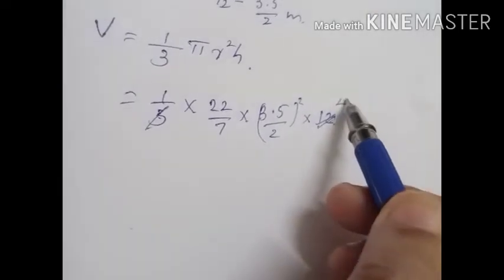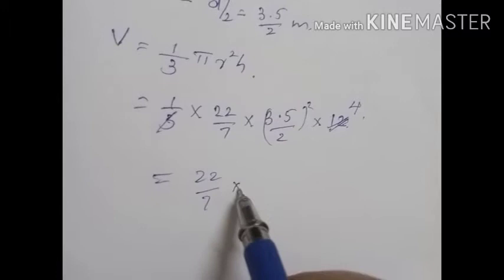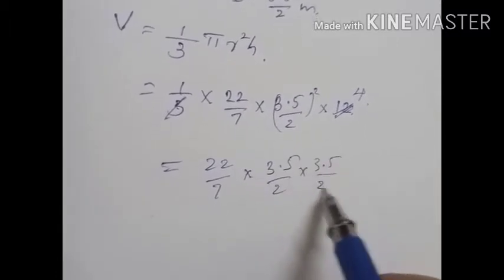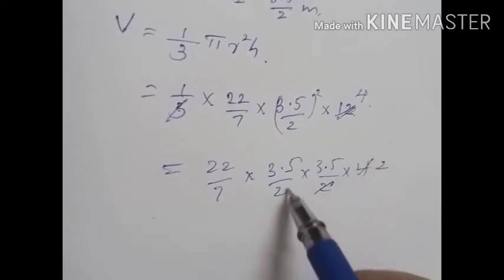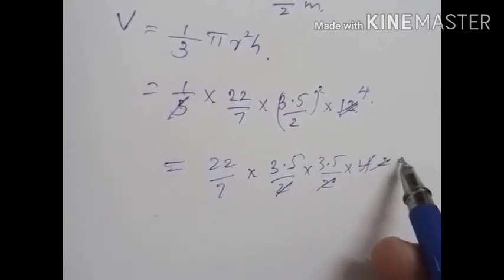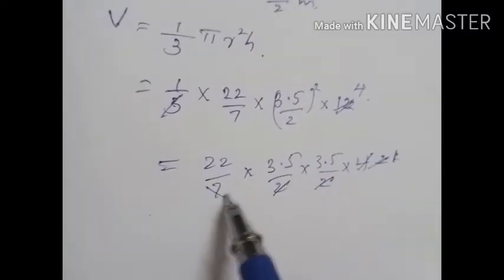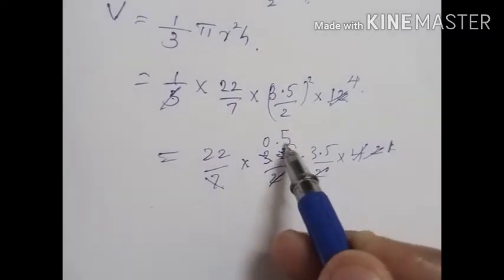In 12, 4 3's. Now 22 by 7 into 3.5 by 2 into 3.5 by 2 into 4. Then this we can again cut. Then we get in 4, 2 2's, into 1 2. Then the 7 goes 0.5 times, then in 35, 5.